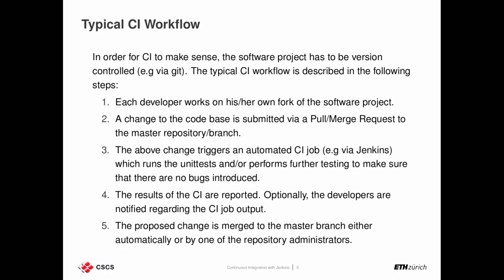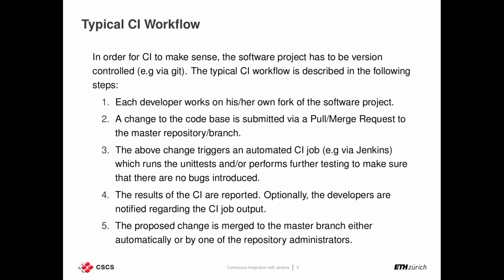Here is where Jenkins is notified so that it starts building and testing. This Jenkins job runs the unit tests and performs further testing if you want, to make sure that there are no bugs introduced by this code change. Then the results of the CI are reported. Optionally, the developers can be notified.